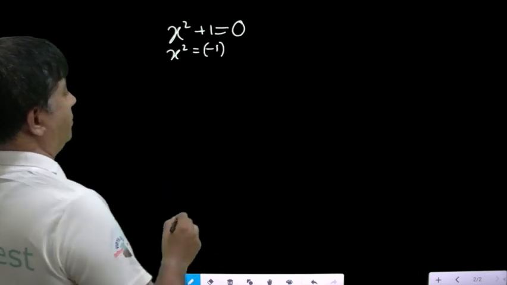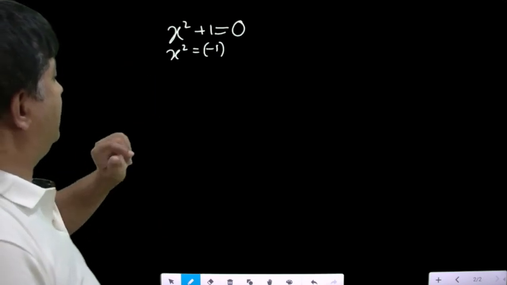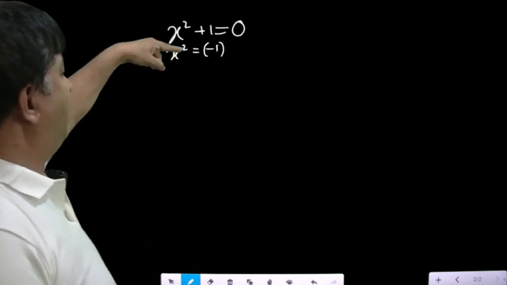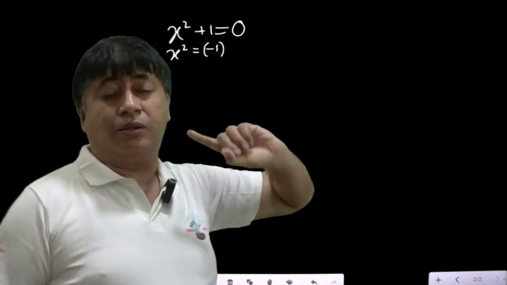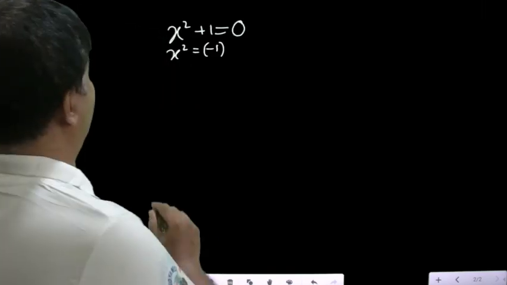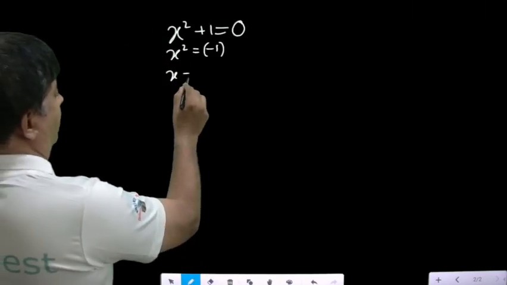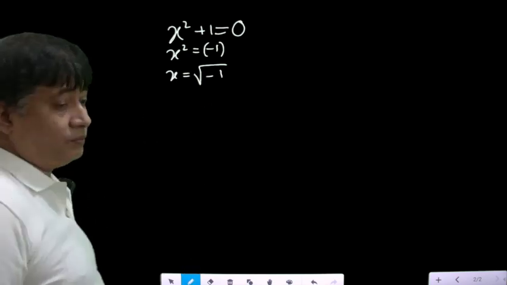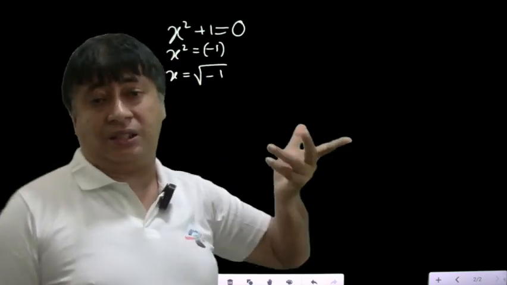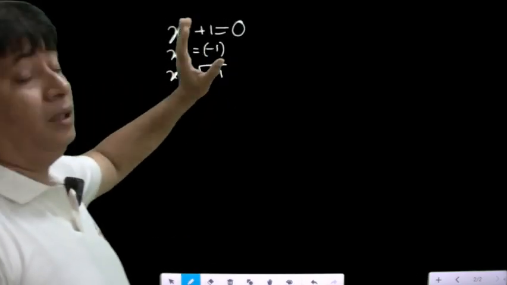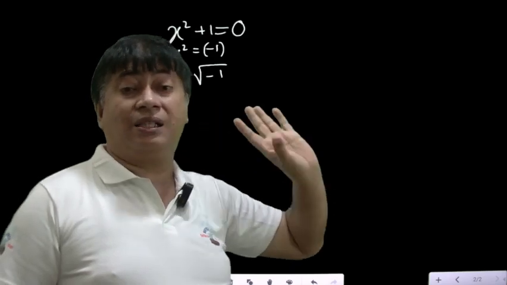Minus 1. The question is, in a real number system, the perfect square of any number is minus 1. It's not possible. So, it is not real. So, x is called root of minus 1. Once you get minus 1 or minus something under root, that is called complex number or imaginary number.